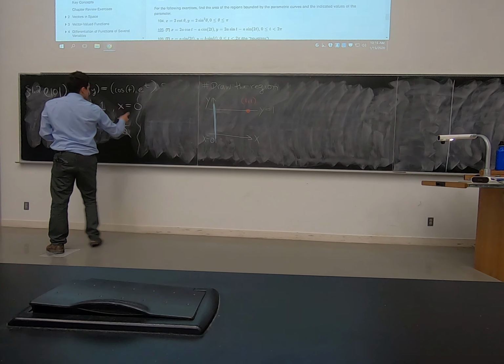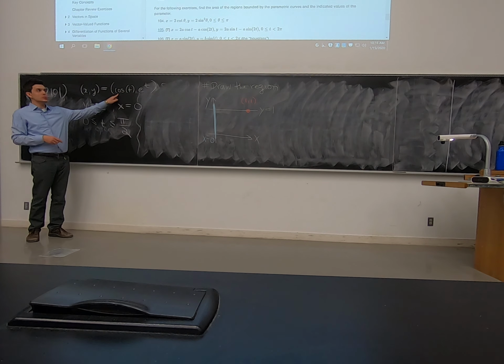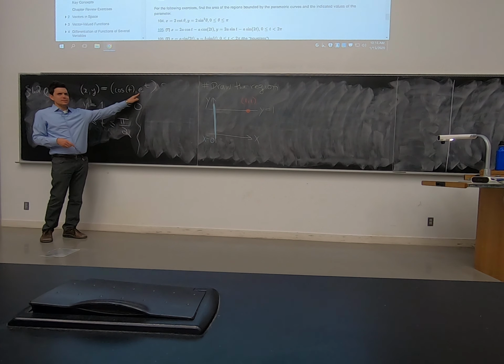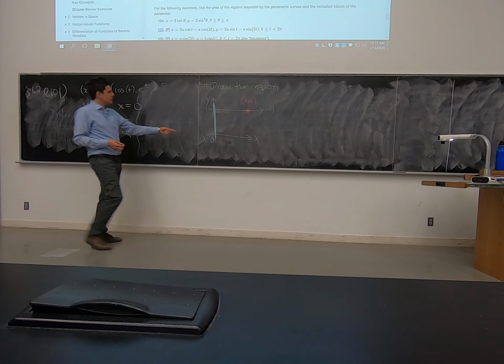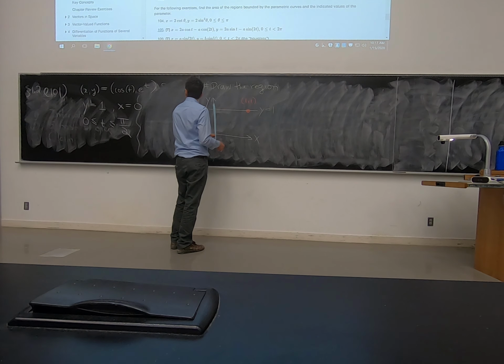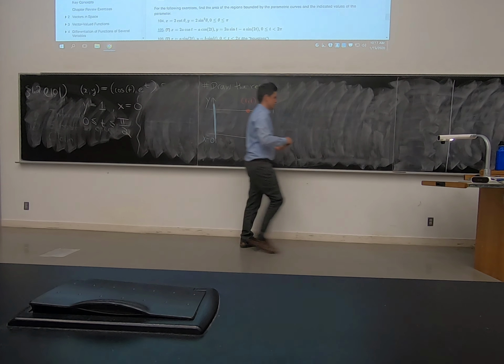Now we'll plug in our other bound and see what we get there. Cos becomes 0, and e to the t becomes e to the pi by 2, a number like 4 or something, I guess. So that will be x is 0, y is e to the pi by 2.